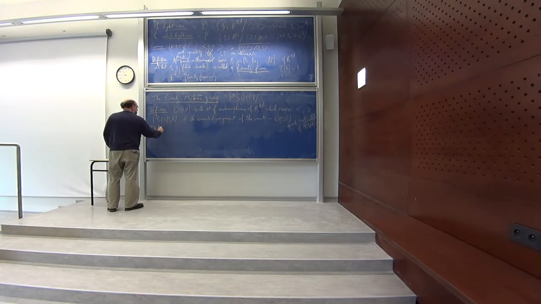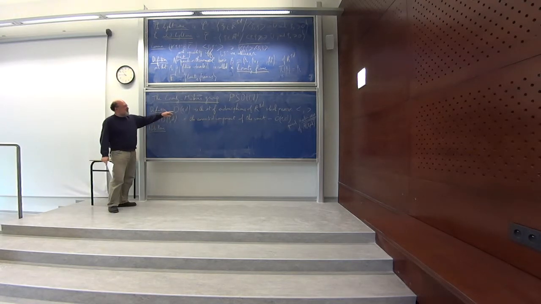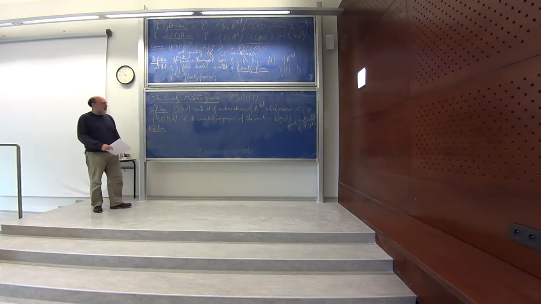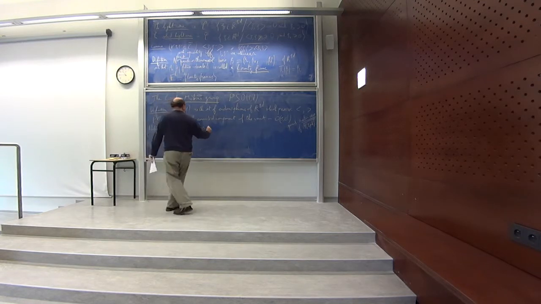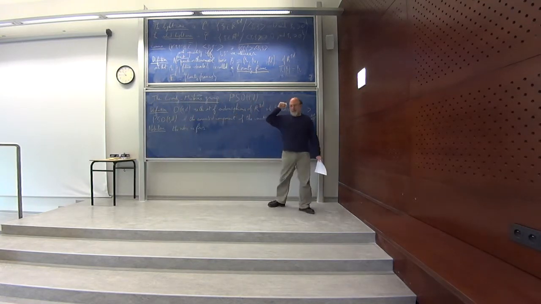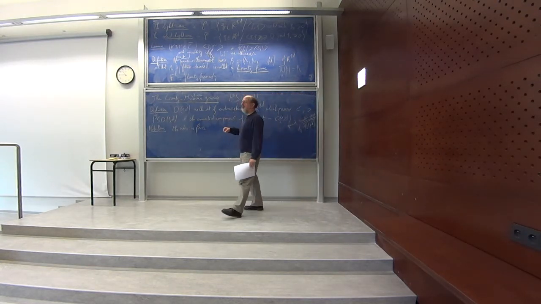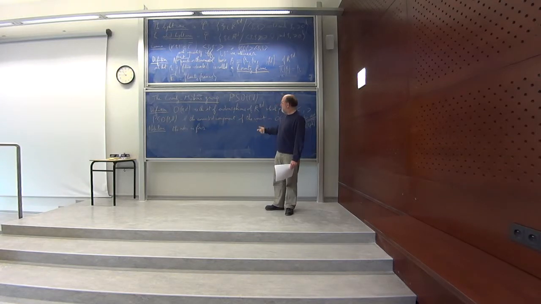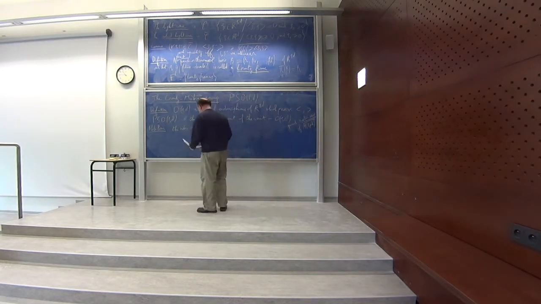Nota bene, you have index 4 between this group and its main subgroup here. The index is 4. It is very easy to understand. You have only to preserve orientation, so index 2, and then the positive direction, another index 2. So it becomes 4.